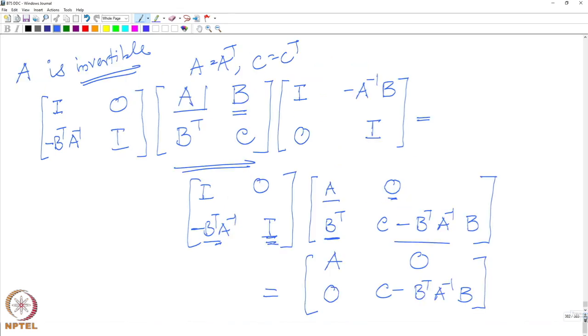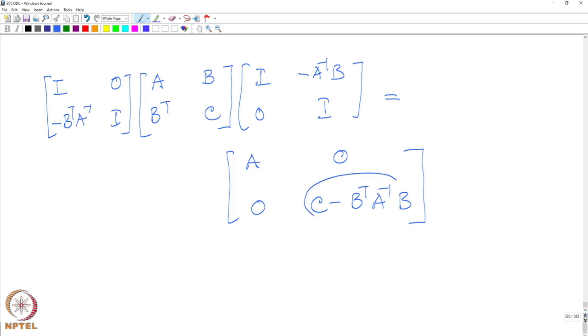That is what it is. This entry is called the Schur complement of A in this matrix.